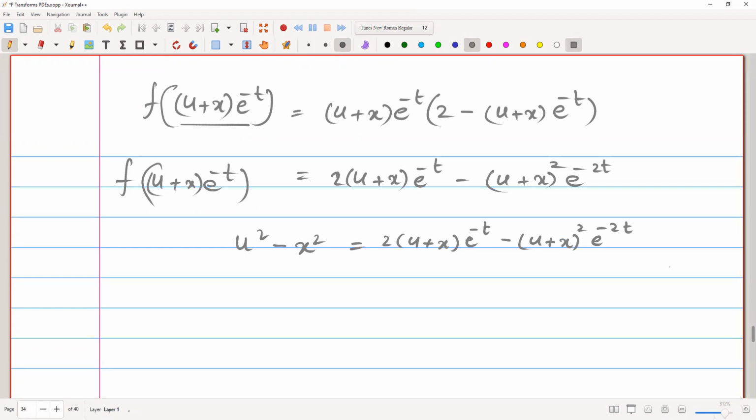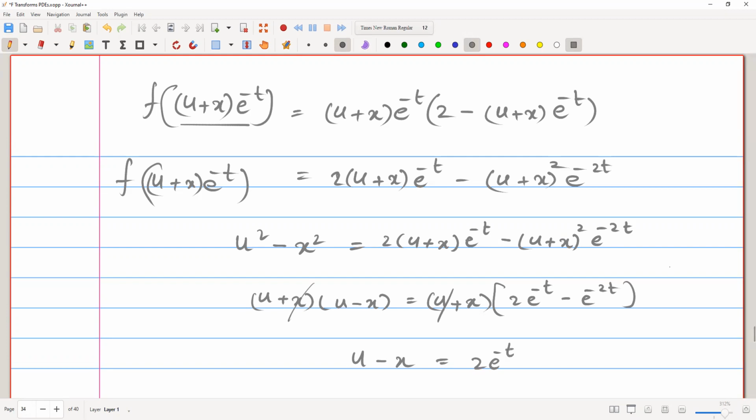So we can write this as u plus x times u minus x, which equals u plus x common from both components, times 2 e to the power negative t minus e to the power negative 2t. Then this will cancel out and we will be left with u minus x equals 2 e to the power negative t minus e to the power negative 2t.